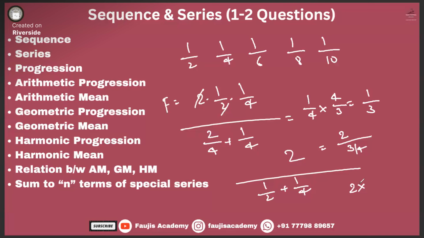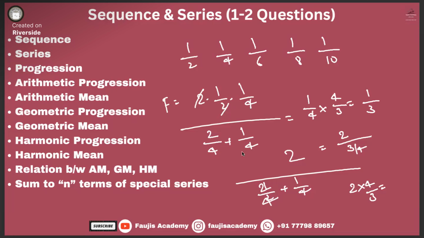again we are doing some mistake. No, how can we do this mistake? 2 by 4. 2 by 4 means 3 by 4, right? 3 by 4 means 4 by 3. 2ab, 2ab by a plus b.